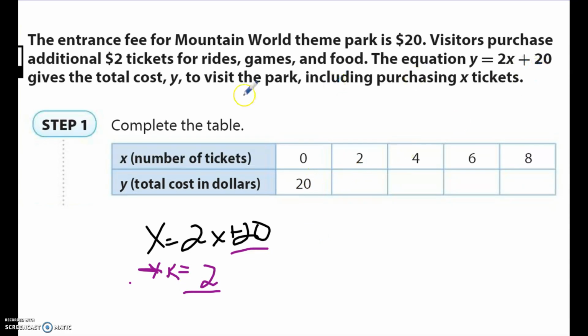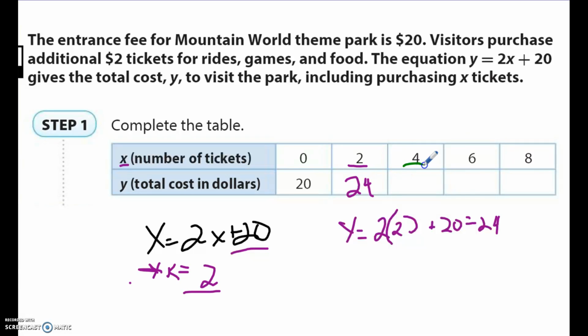Now let's complete this table. We're going to complete the table by starting with our equation, and we're going to look at our x values. So when x equals 2, we're going to fill in our x with a 2 plus 20. We are going to get 24.